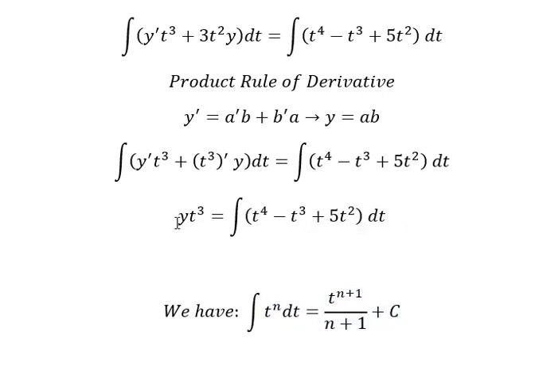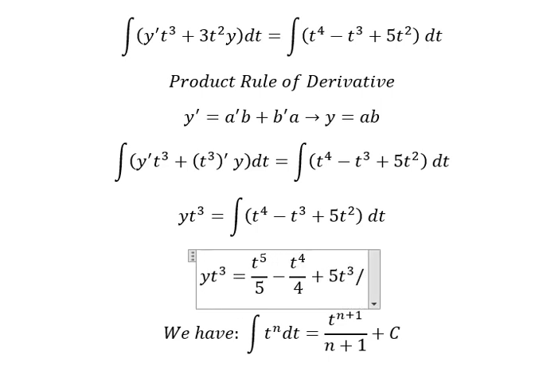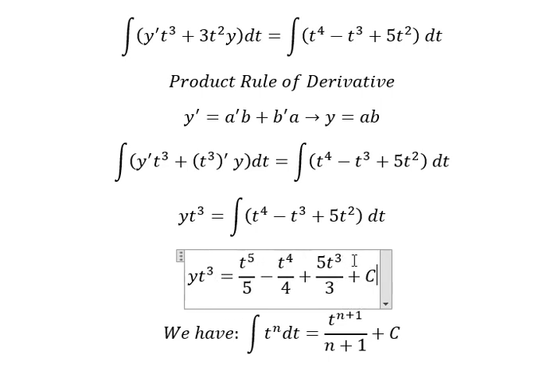So for this one, we have t to the power of 5 over 5. The next one, that is about number 4. The next one, that is about number 3. And I will put c.